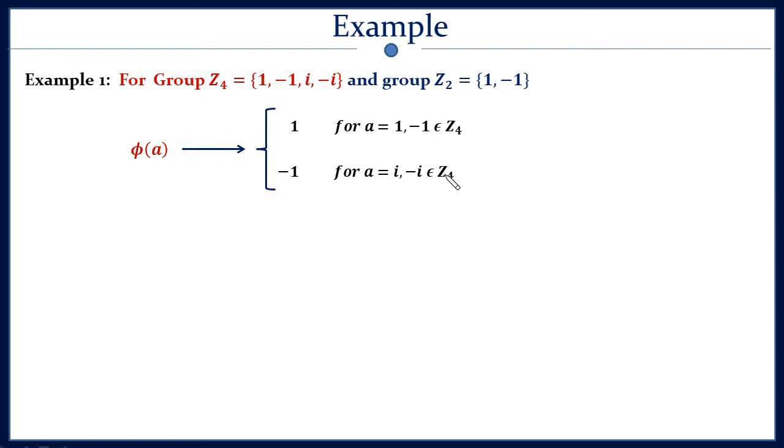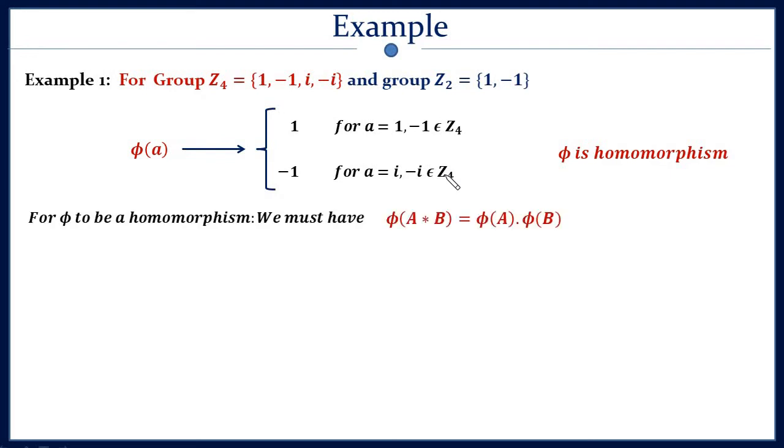Okay. Here I am saying that phi is a homomorphism. What do we have to do to prove it? We have to just prove this relation: phi of A star B is equal to phi A dot phi B. Here star is the binary operation for the group Z4 and dot is the binary operation for the group Z2.